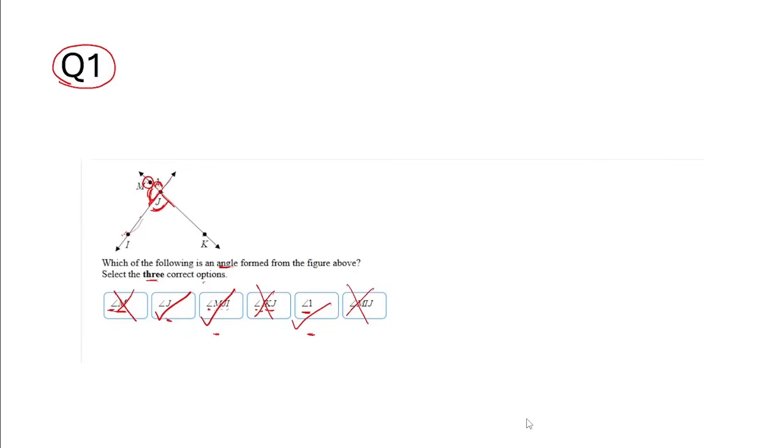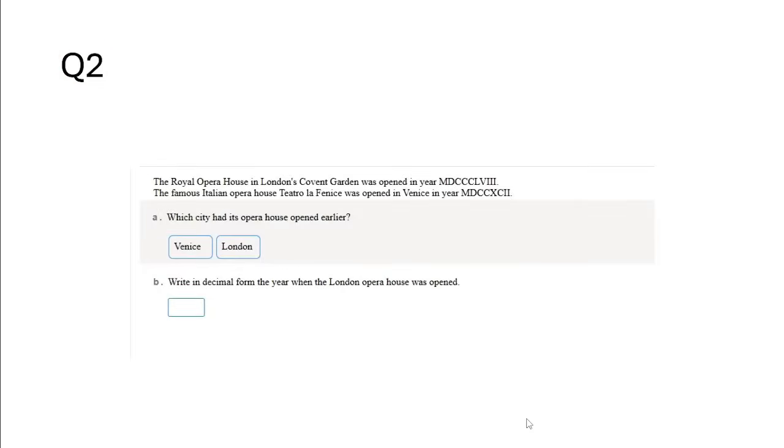Let's move to question number 2. Question number 2 says the Royal Opera House in London's Covent Garden was opened in year MDCCCLVIII. The famous Italian opera house Teatro La Fenice was opened in Venice in year MDCCCXII.